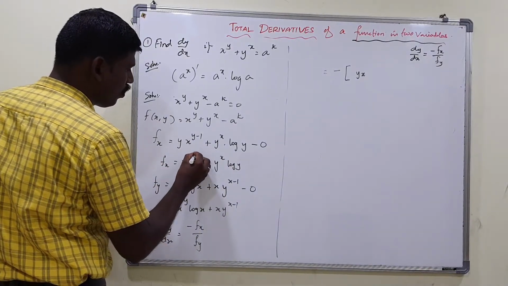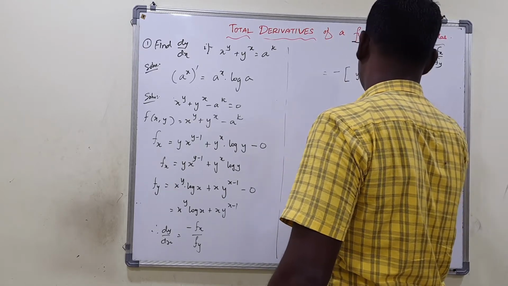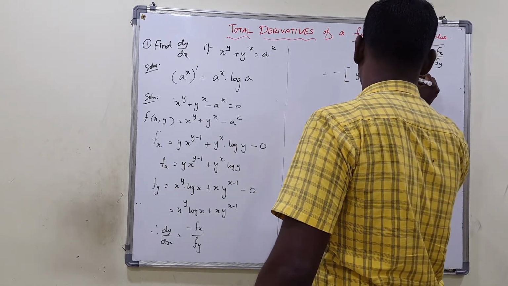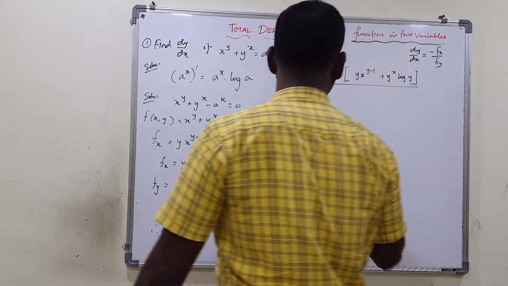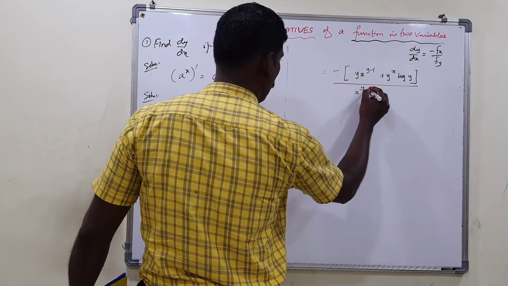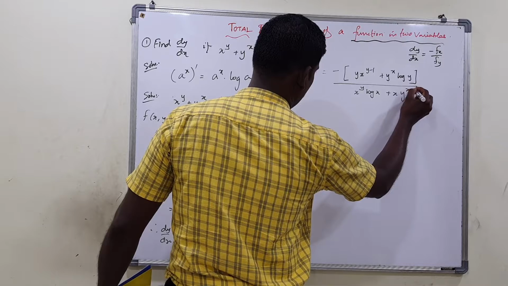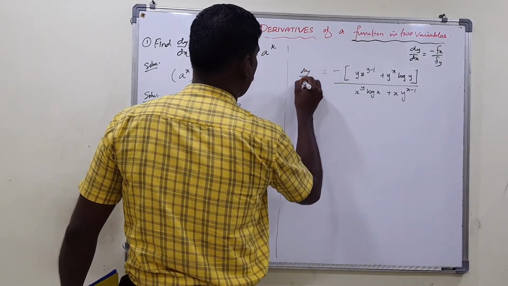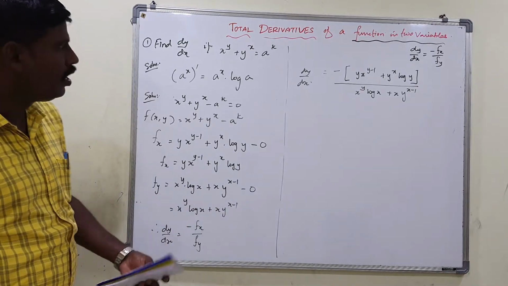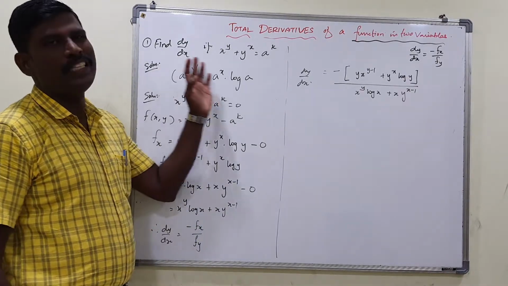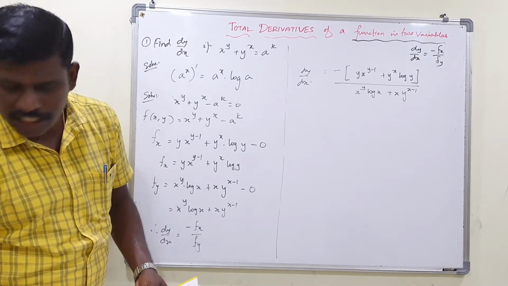Y into x to the power y minus 1 plus y power x log y, divided by x power y log x plus x into y power x minus 1. This is the total derivative of the given function, implicit functions. Okay, so these are all problems related to implicit functions. Now let us go to the other types of functions in two variables.